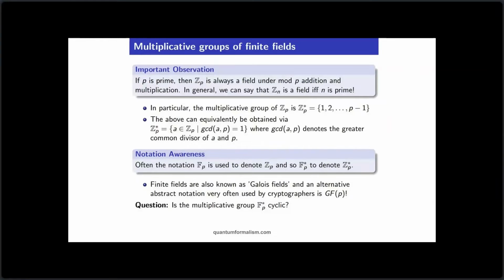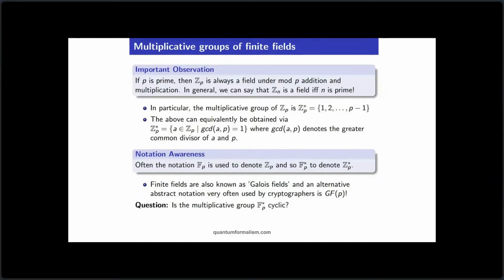Now, there's another thing you need to be aware of. First of all, with this Zn star, we are using a bit of abuse of notation here. Normally people use the quotient notation, which I mentioned in the previous session. But for us, it doesn't matter because we understand exactly what Zn is standing for.